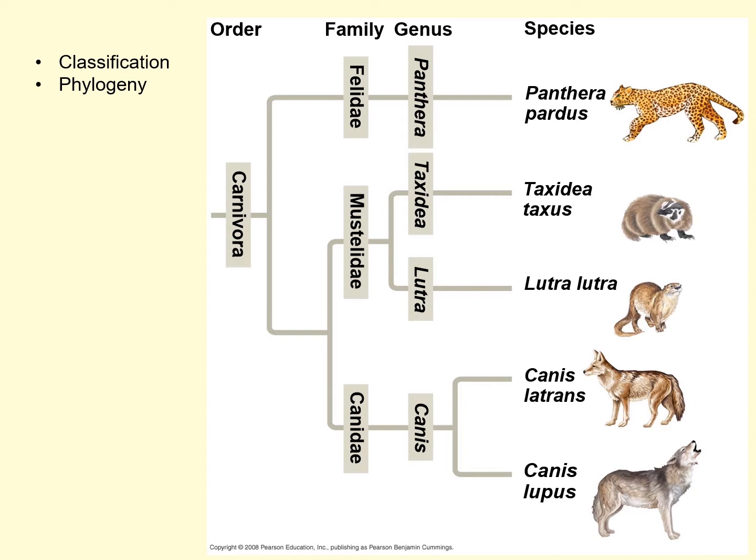The leopard is our outgroup, because even though they are all carnivores, this is a taxon, this is a taxon, this is a taxon, and these are taxa. Taxon is singular, taxa is plural. Carnivora. Felidae is the outgroup over here, and these guys are the ingroup. So here you can see their relatedness.